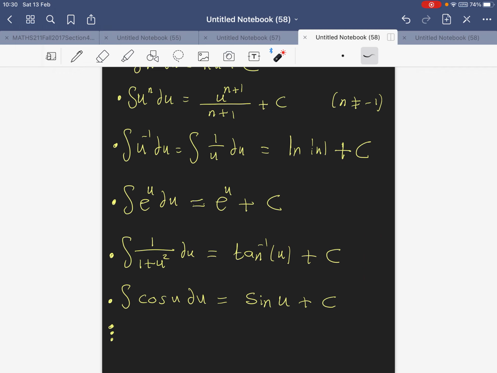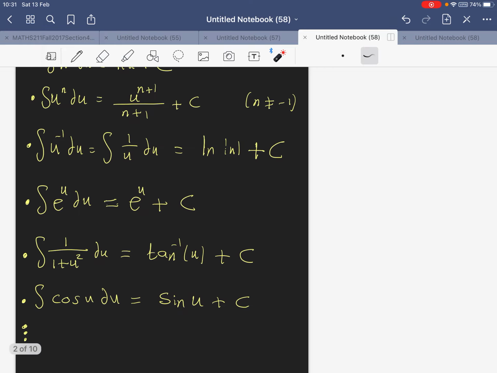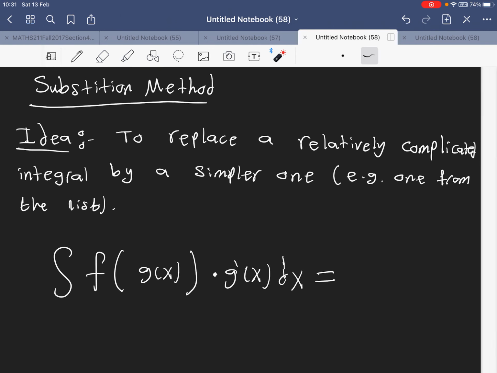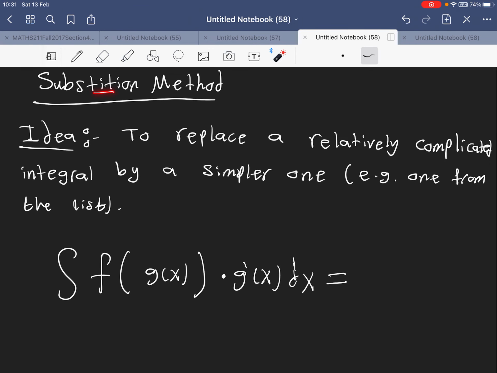So the idea is to change a complicated integral to one out of this list, and then we use one of those elementary ones to find the answer. That's exactly what we mean by the substitution method. So the substitution method is to replace a relatively complicated integral by a simpler one. What do I mean by a simpler one? For example, one from the list.